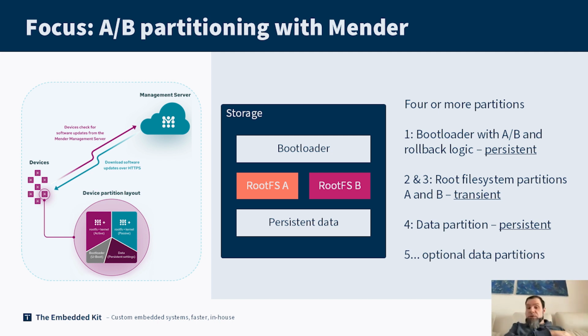Where do you put those things? And here comes the fourth partition. It's the data partition. This again is persistent. It is kept around across updates, and so Mender puts its configuration data there and its state. You can put your application data there, your credentials, your configuration, whatever.